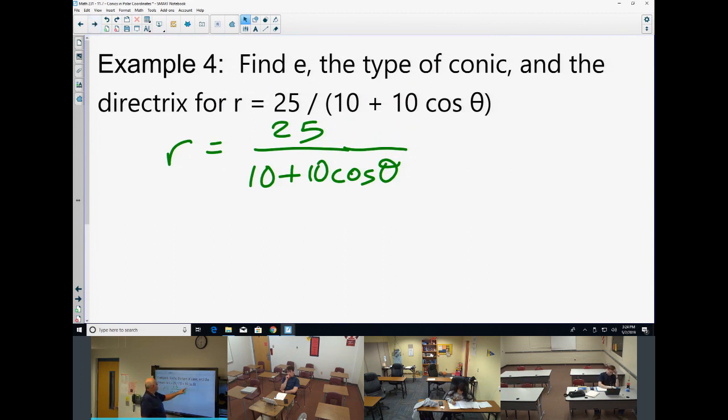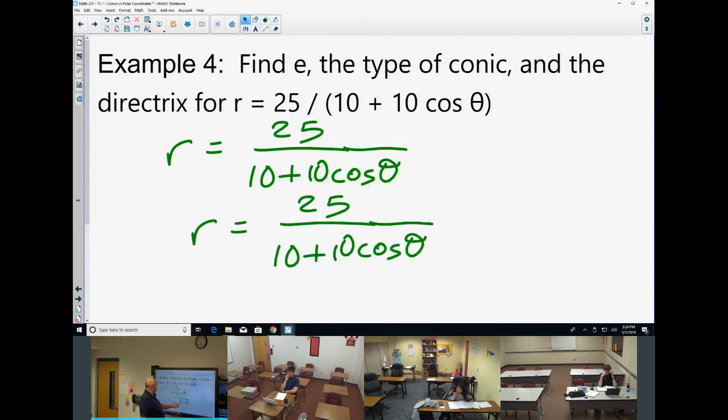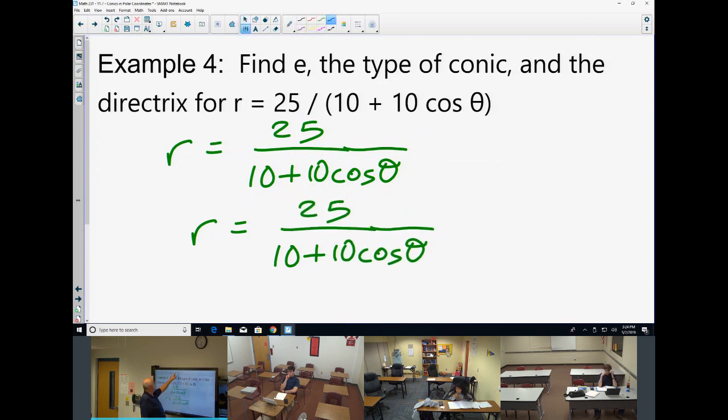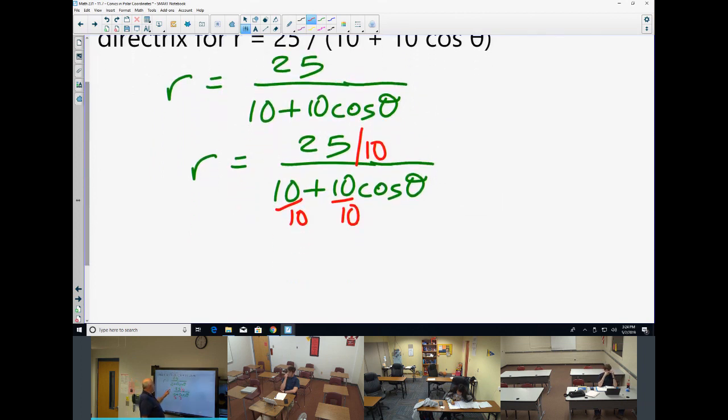Okay, so now I'm going to get R equals 25 divided by 10, that's 5 halves, over 10 divided by 10 is 1, which is what I needed, plus cosine theta.